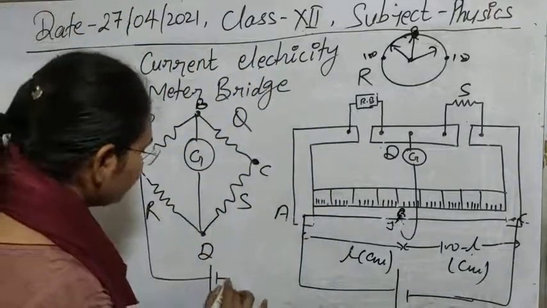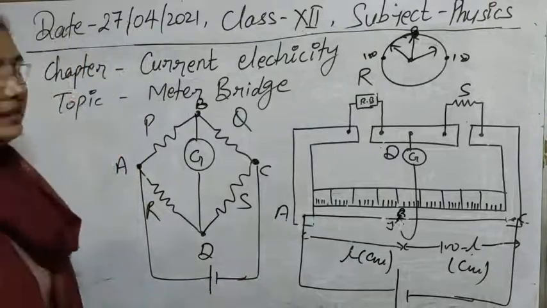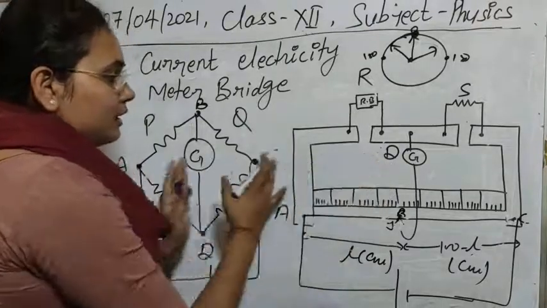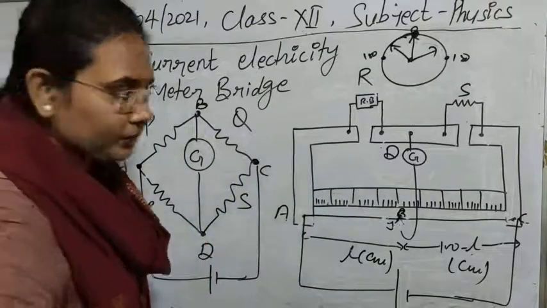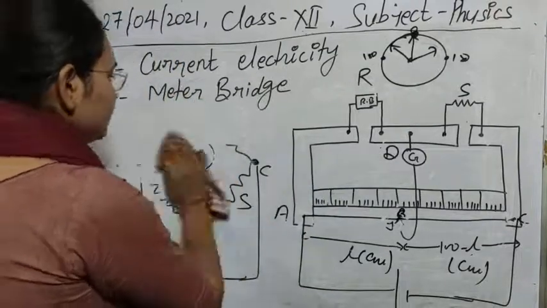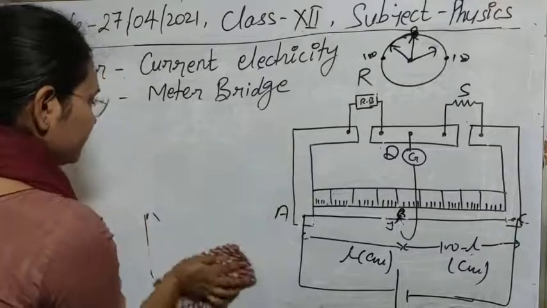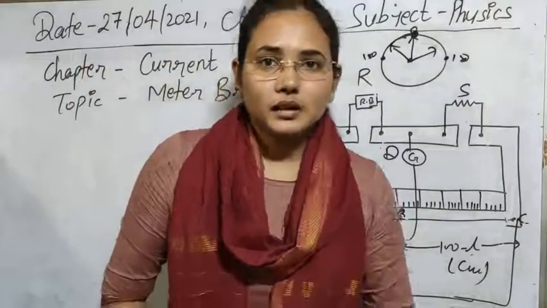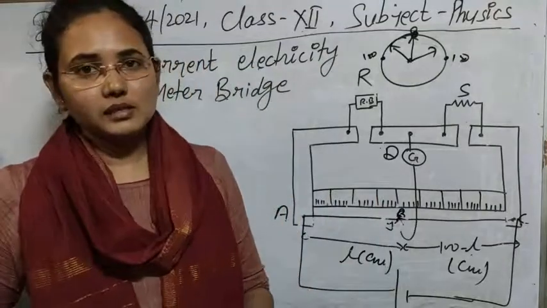You can see that this is the practical application of the theory. I think students, now about the meter bridge everything is clear: what is its construction, and how it behaves like the Wheatstone bridge.